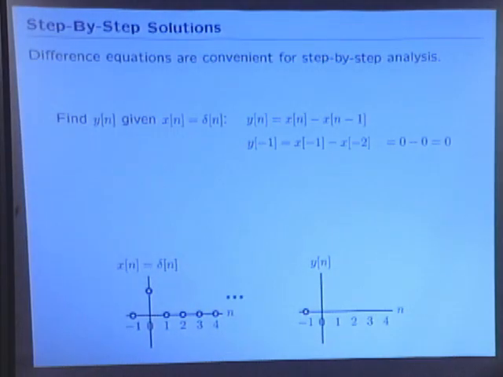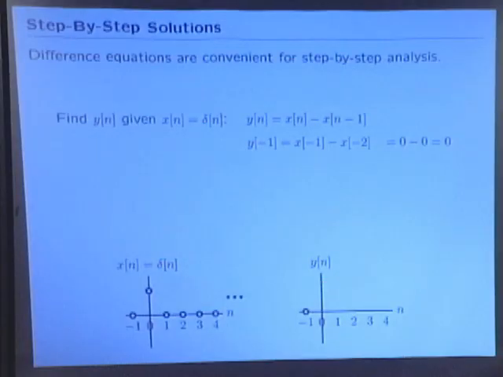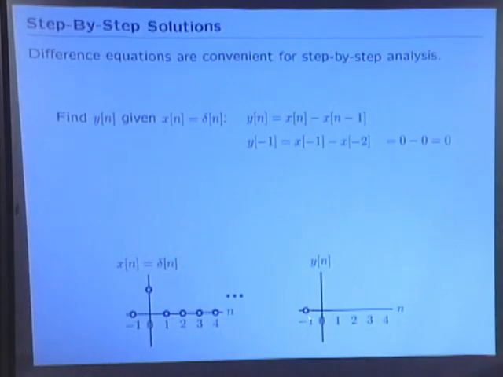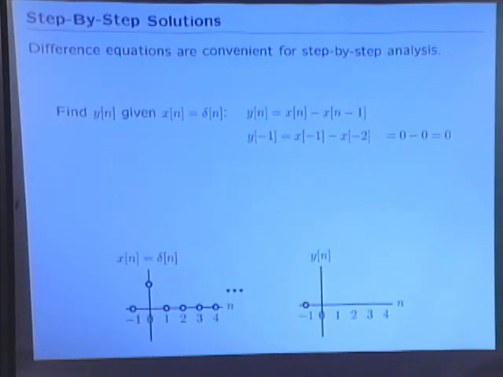So there's a finite range of inputs that can contribute to the output. In particular, if I substitute n equals -1, I would see that the output at time -1 depends on inputs before the delta function started. So therefore, the answer is 0.